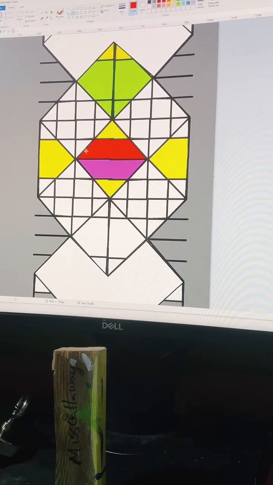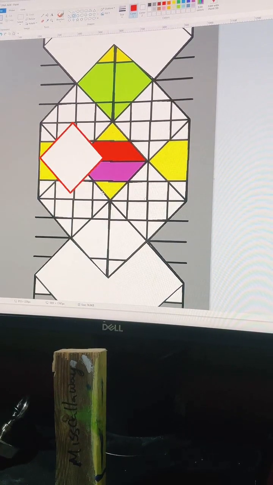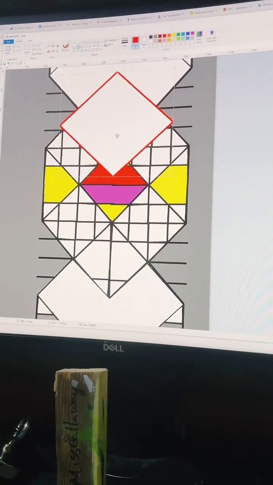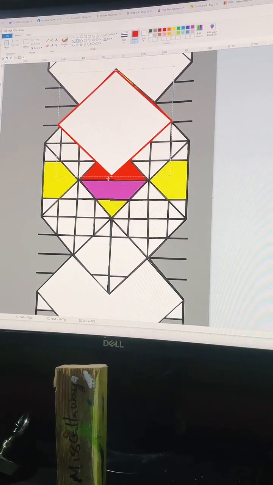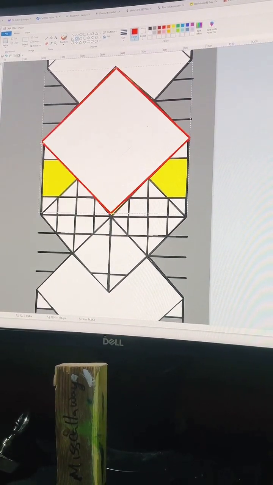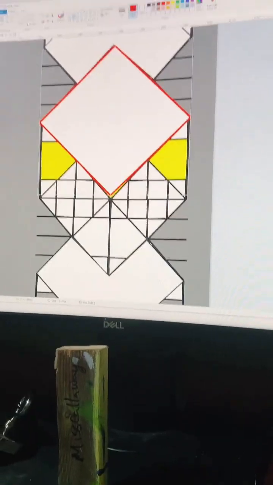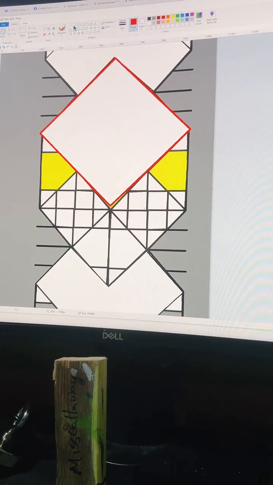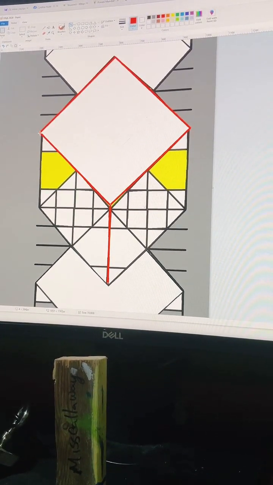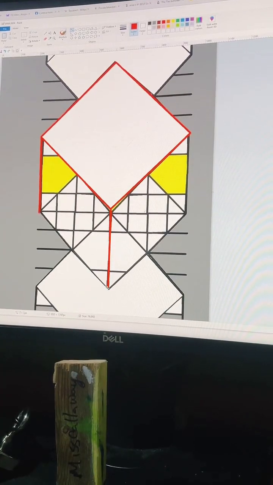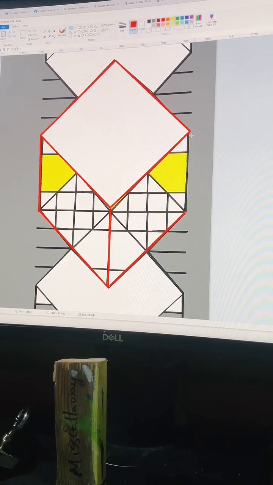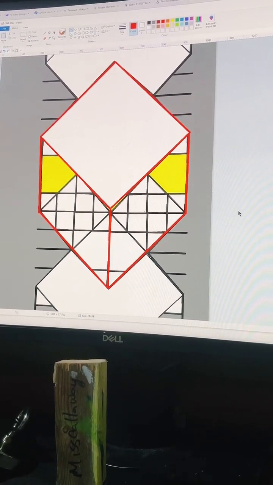I lost my vision for a second. See the way this becomes a cube? And then we've got this cube in the middle.